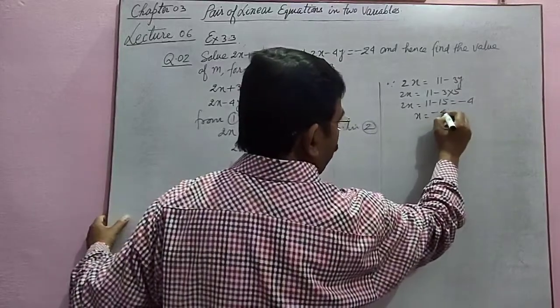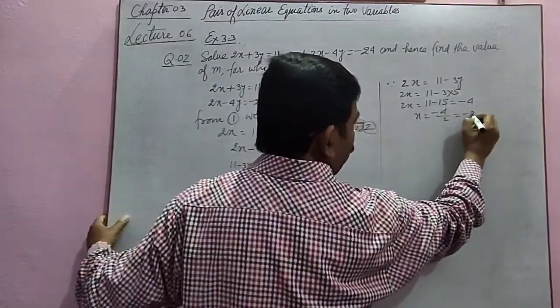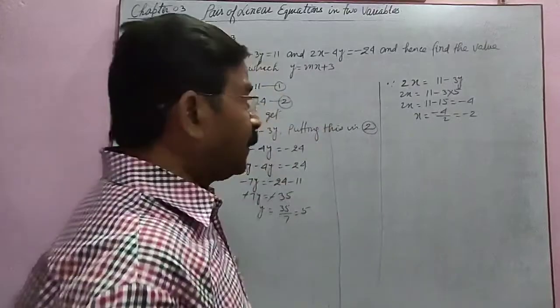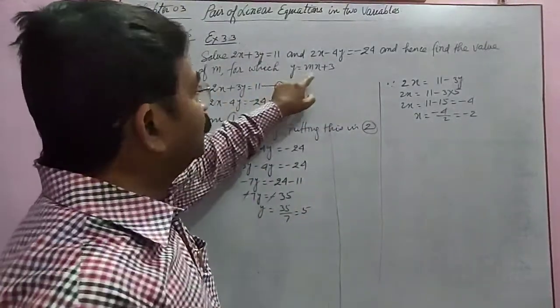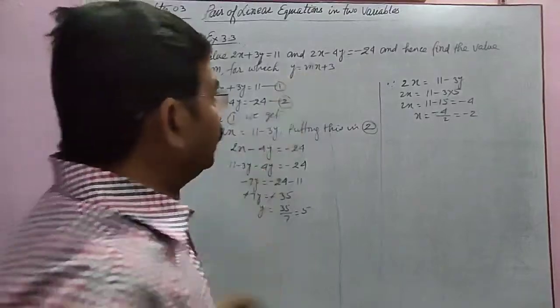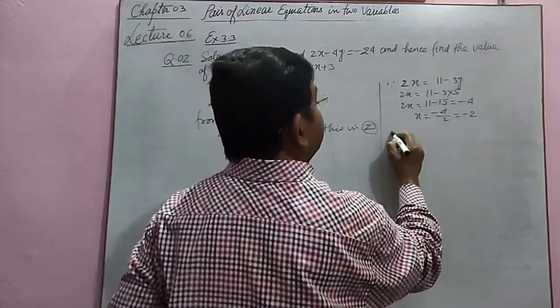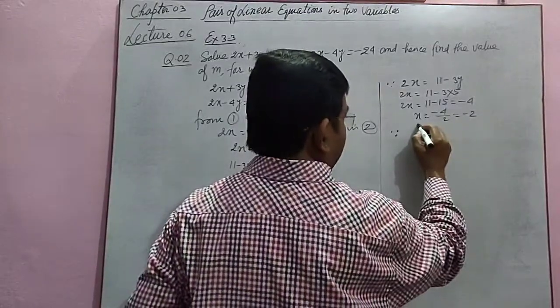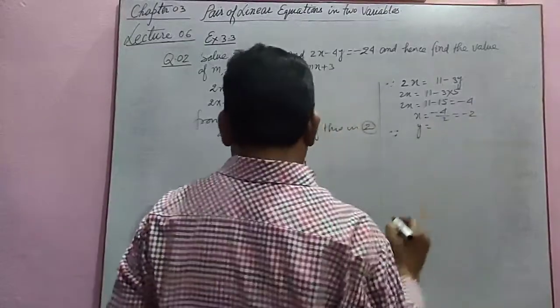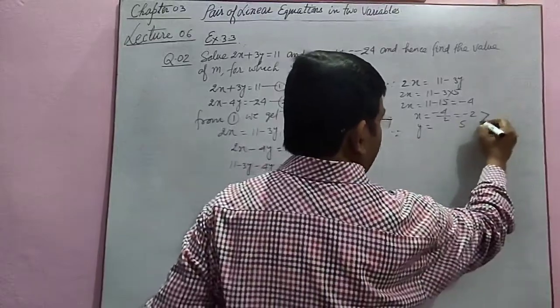So x is equal to minus 4 upon 2 is equal to minus 2. Alright. So we have got the value of x and y. Now we have to find the value of m in this expression. So your answer is, first we can write x is equal to minus 2 and y is equal to 5. This is your answer first.